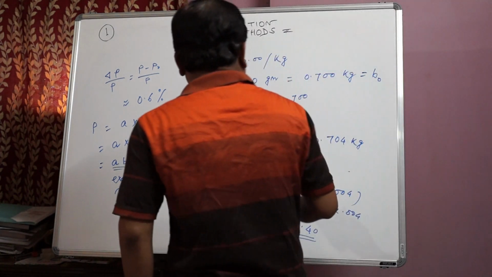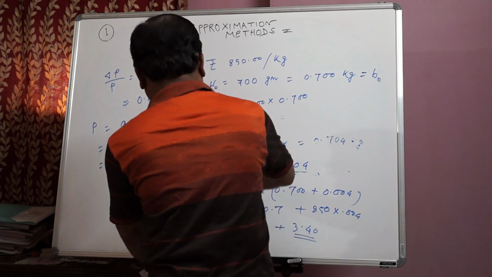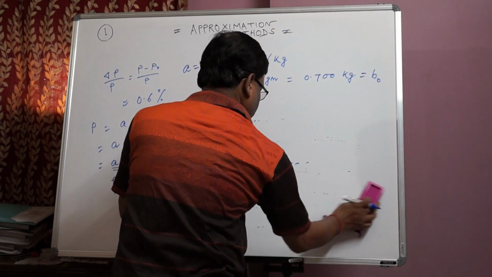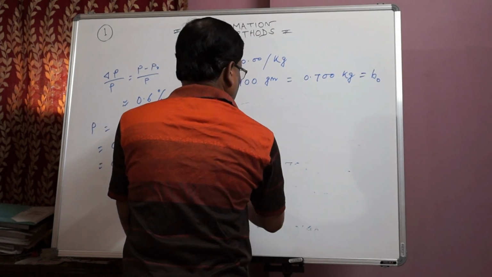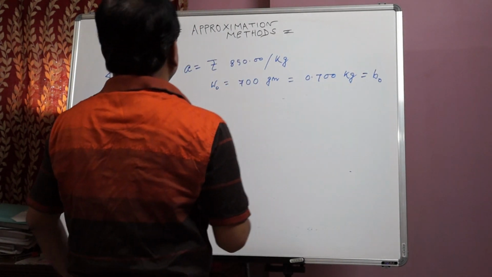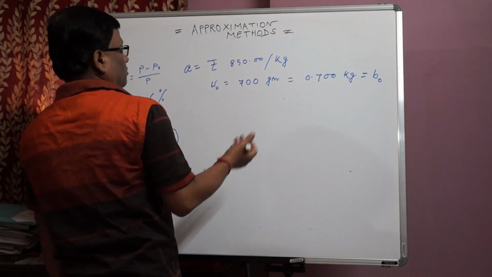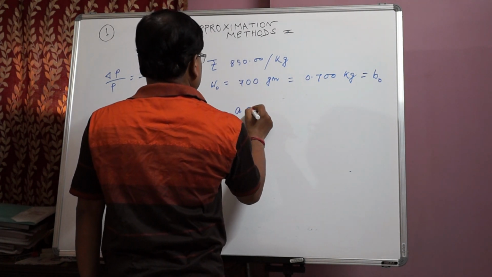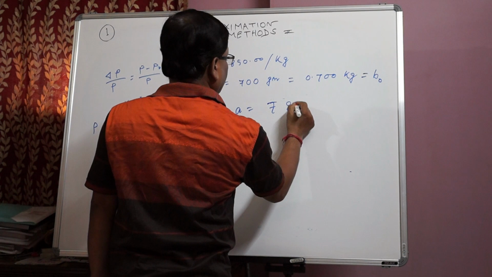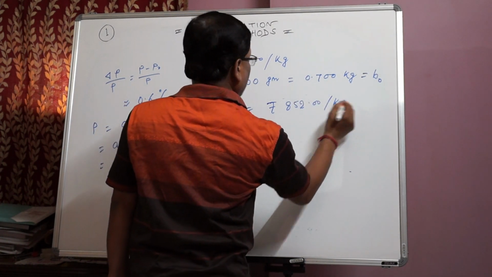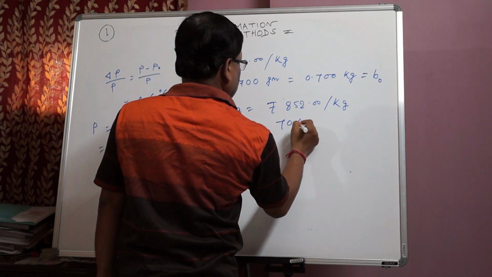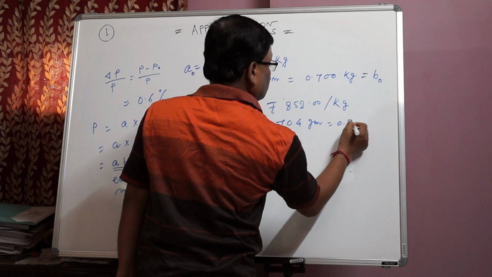Now I take the price of fish where I take A, which I write as A0, as rupees 852 per kg, and the weight is the same 700 gram, meaning 0.704 kg.